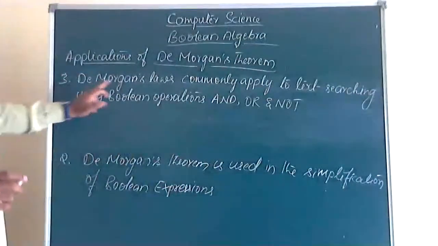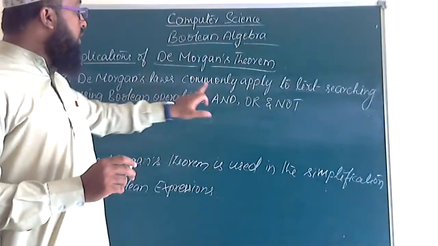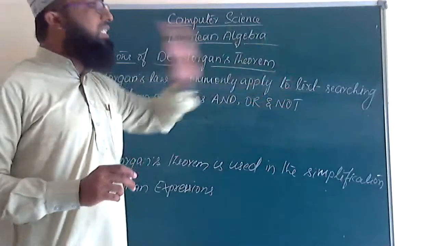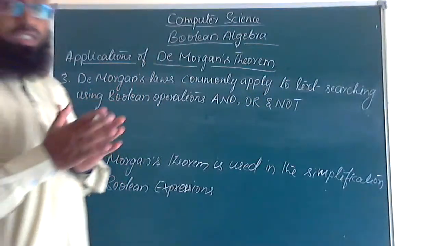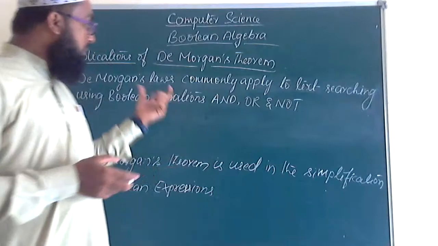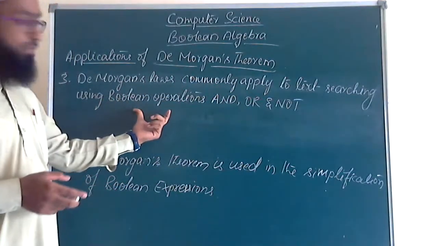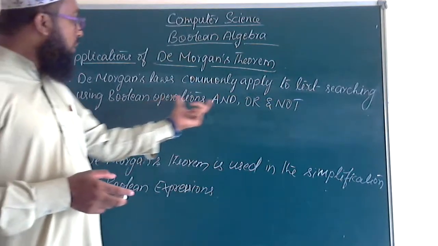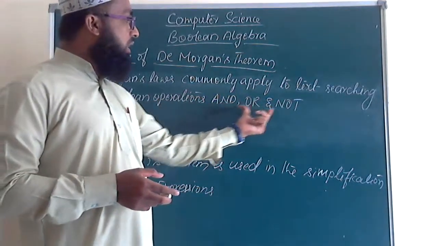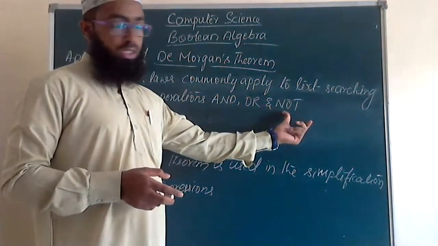Listen here. De Morgan's laws commonly apply to text searching. If you want to search any text, at that time De Morgan's law will apply, with the help of Boolean operations like and, or, and not.